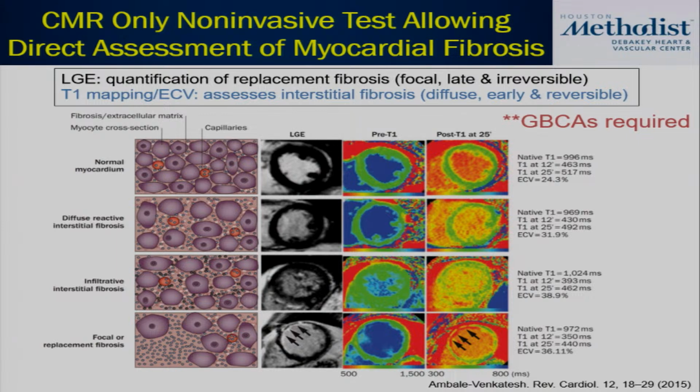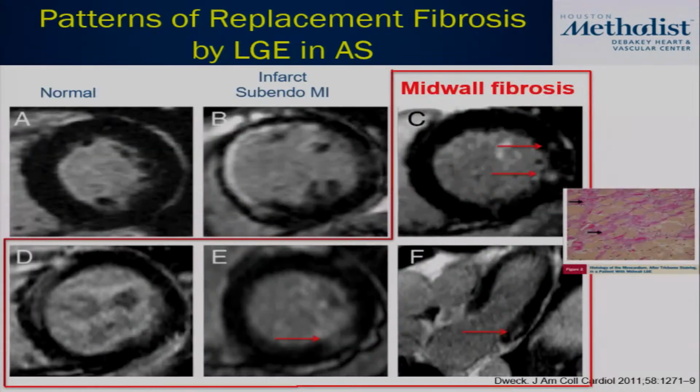So patients who go on to have valve replacements, I'll show you some slides, have been shown to have a reduction in this component of the interstitial fibrosis. Now, yes, we have a tool that can look at scar so we can assess the health and the function of the myocardium, but know that GBCAs are required for this.